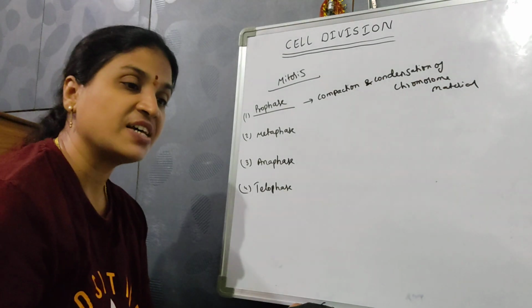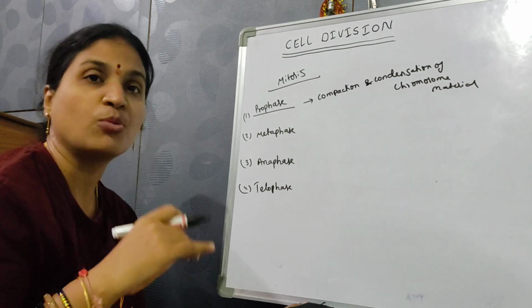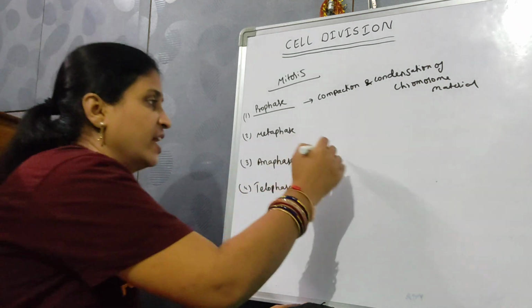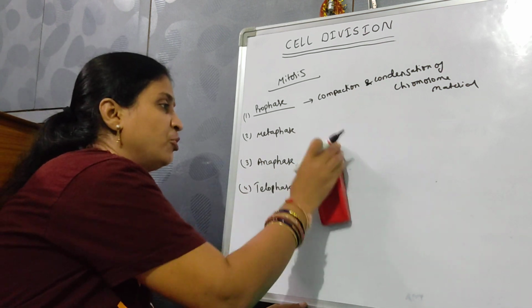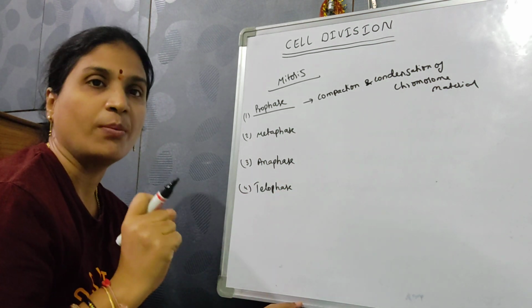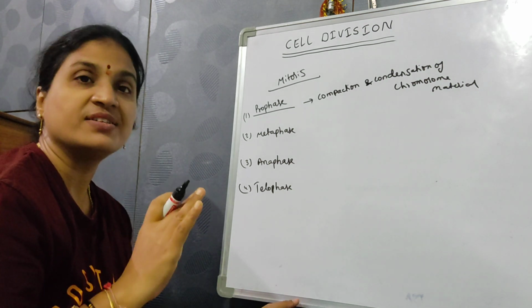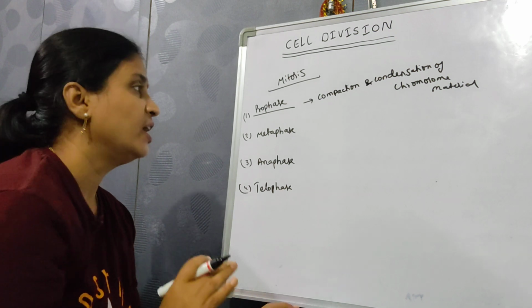In the interphase stage, the genetic material is seen in the form of chromatin reticulum, like this. But here in the prophase, this particular chromatin reticulum is going to become compact. It is going to condense into chromosomes.